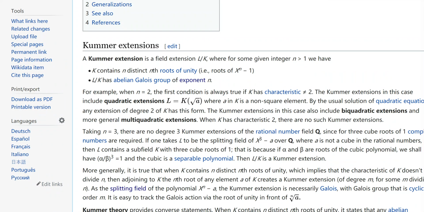Although we didn't notice, we reuse this condition, but for example, when n equals 2, the first condition is always true if K has characteristic not equal to 2, I mean, it has plus minus 1. The Kummer extension in that case includes quadratic extensions. You have to include all the roots of the unity.